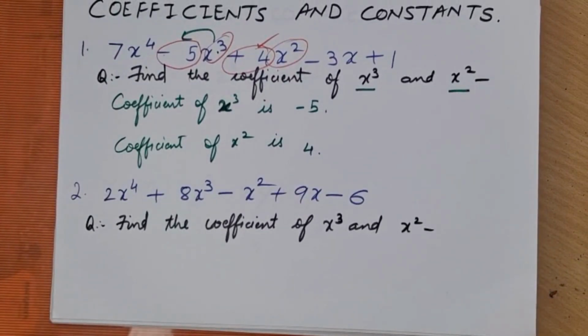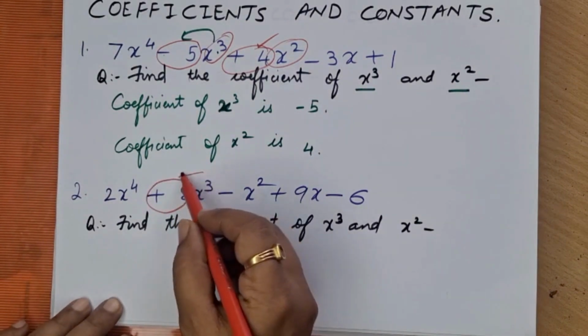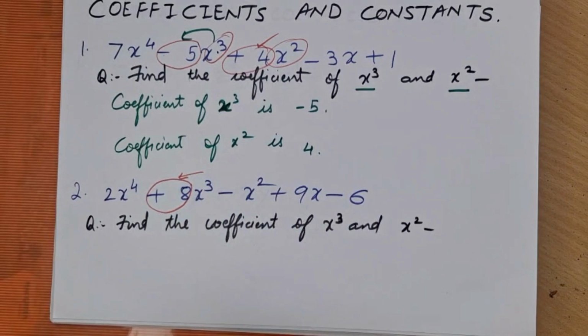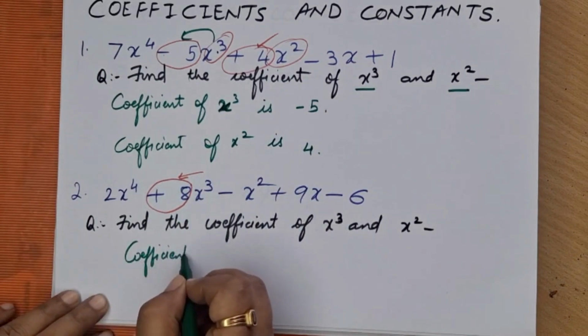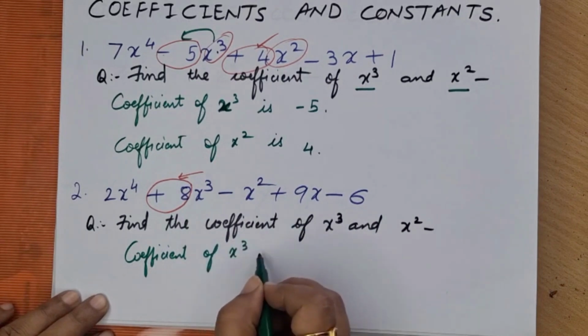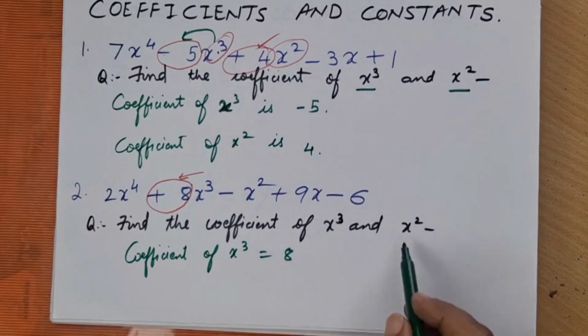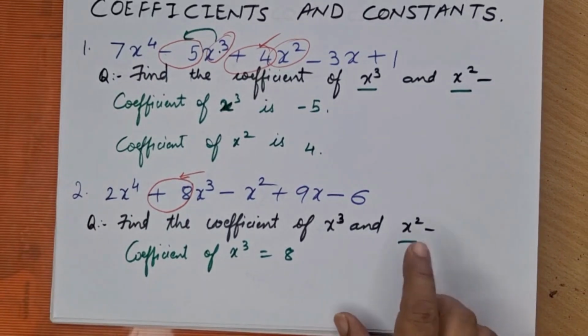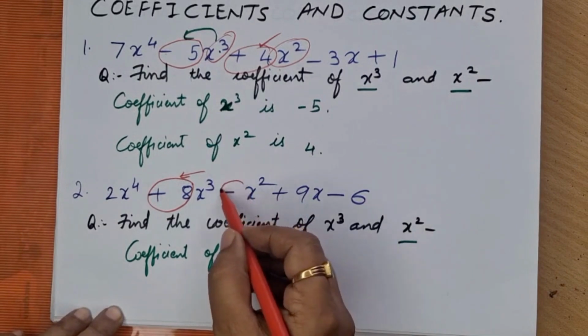Similarly, let us find the coefficients of x cube and x square in example number 2. Look at x cube. Which number is in front of x cube? That is 8. So, let me write the answer. Coefficient of x cube is 8. Let us go to x square.